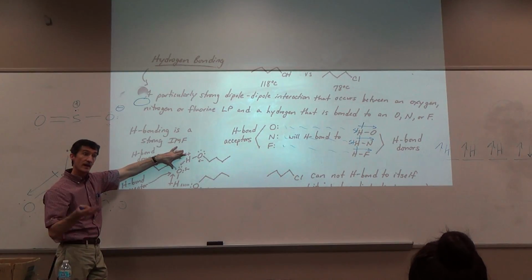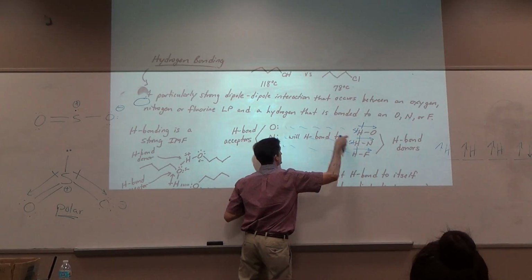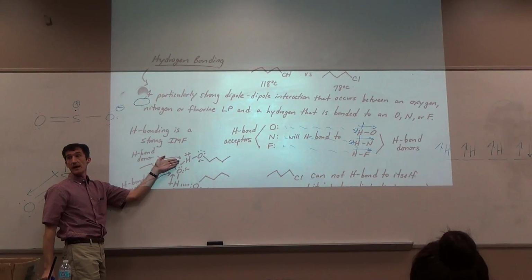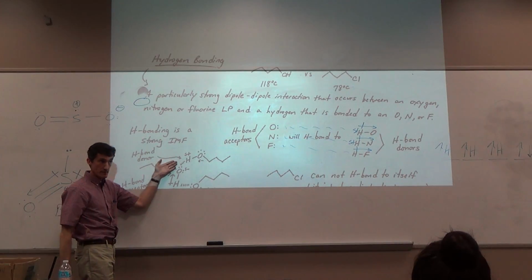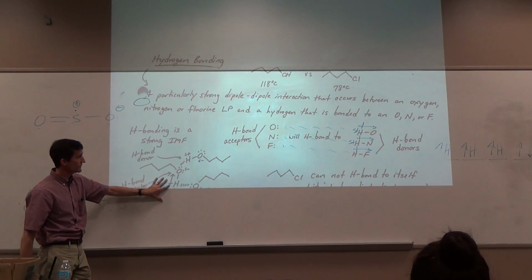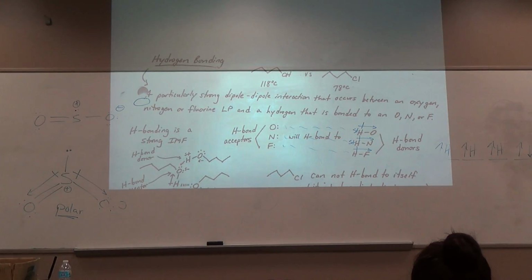But because it's the H and the O, N, or F, it's super strong, and we no longer call it dipole-dipole. Instead, we call it hydrogen bonding. Okay? This is illustrating a very strong hydrogen bonding network. This is like, instead of holding one hand, we now have two, and it's wrapped with duct tape.